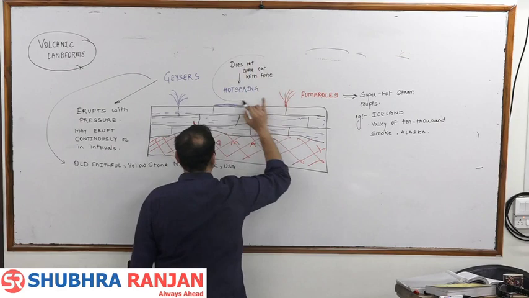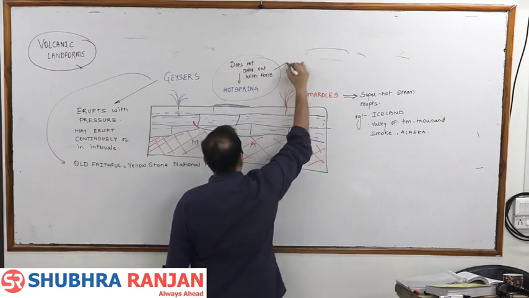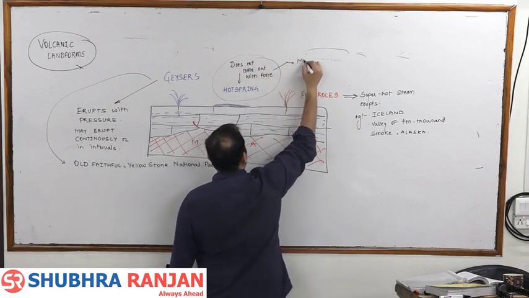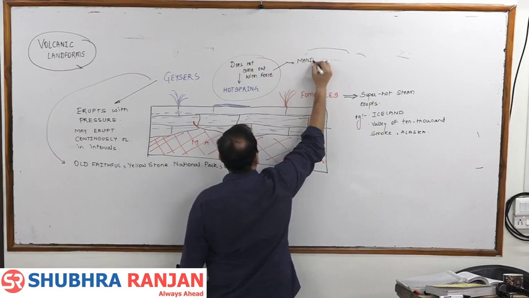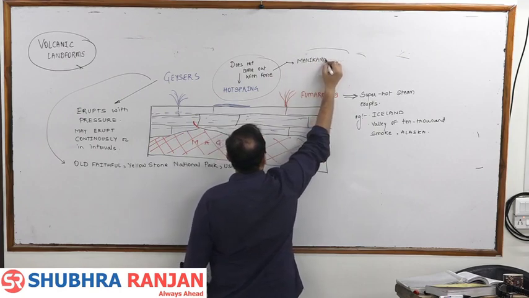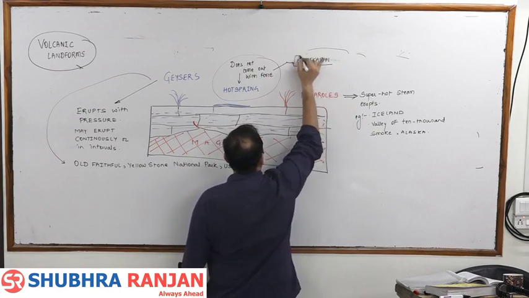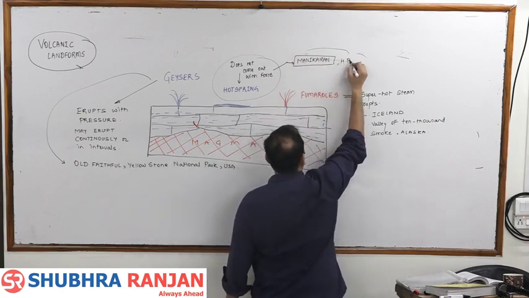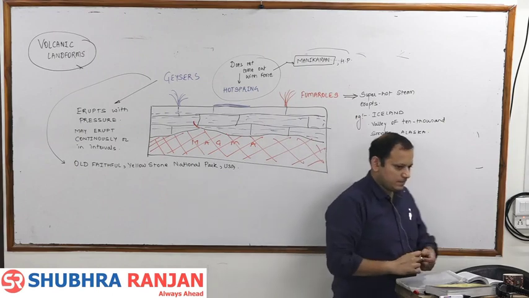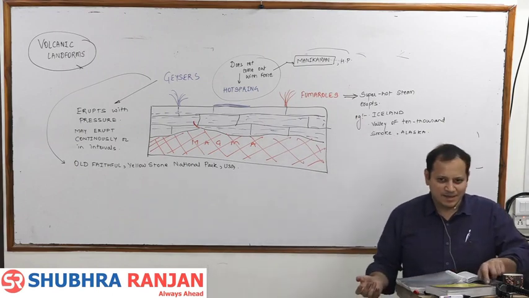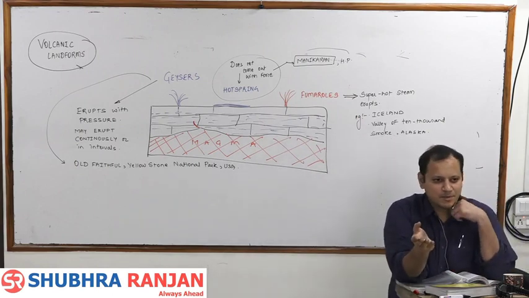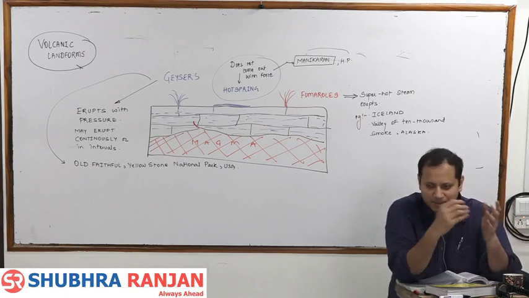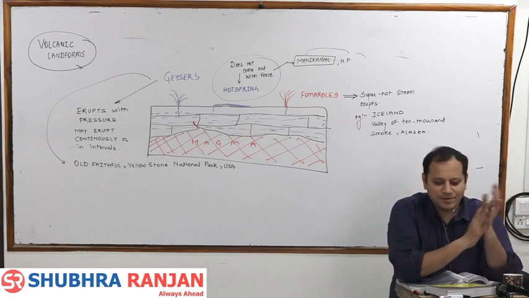These are very very common. Rajgir, Bihar. Those who are from Bombay, they must be knowing a place known as Vajreshwari. So, all these are examples of hot springs.